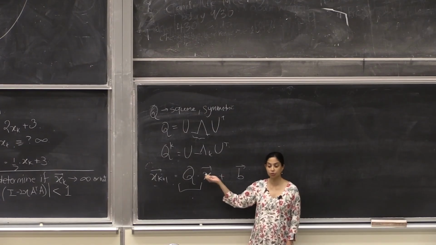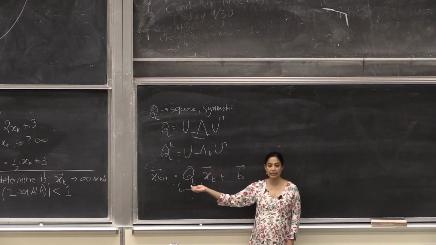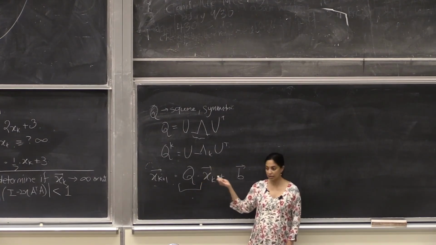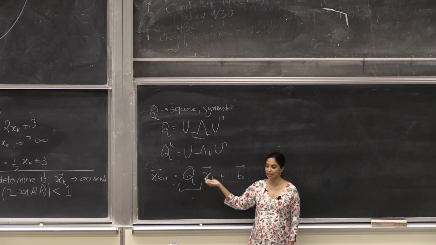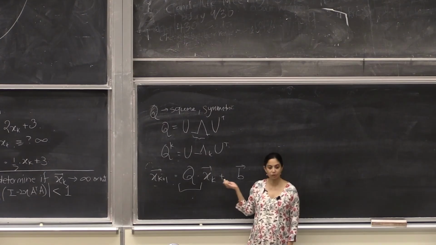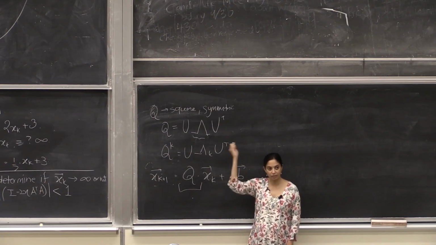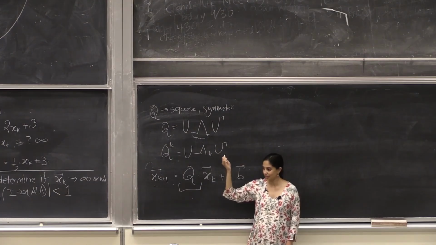This is now the 2 norm of this matrix Q. It's exactly analogous to that, right? Because Q times x k, what is the maximum that it can blow up x k by? What is the 2 norm of Q? We know that this is the singular value. If Q is symmetric, this is just the eigenvalue, right? Everything coming together? We've been working towards this for a while now. Okay, everyone with me?